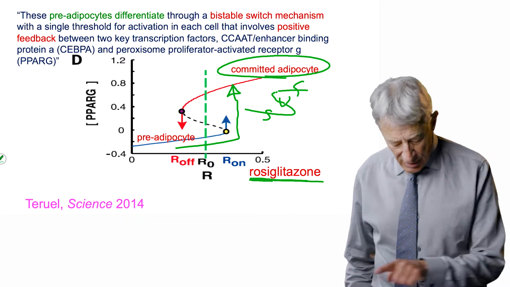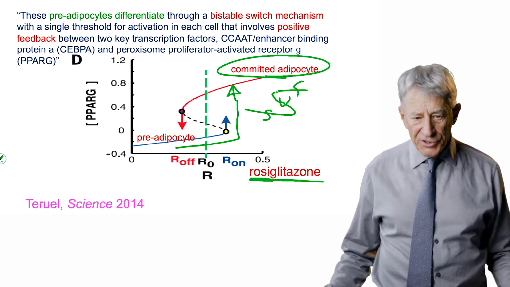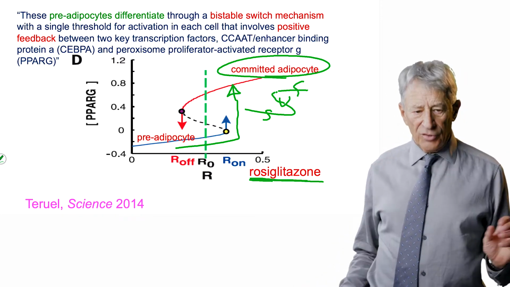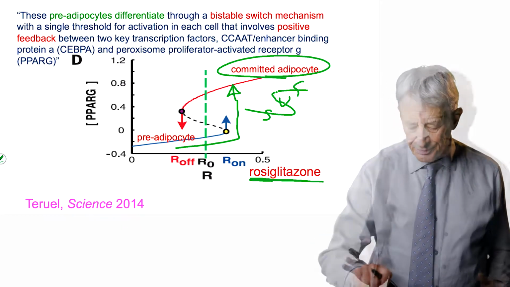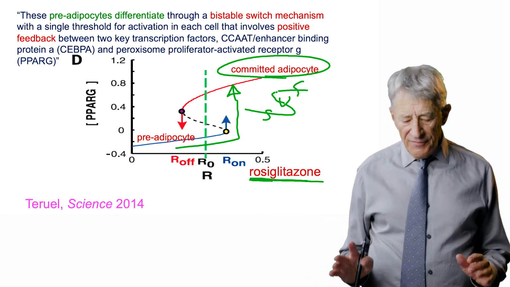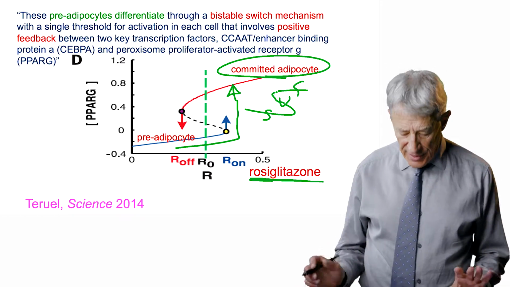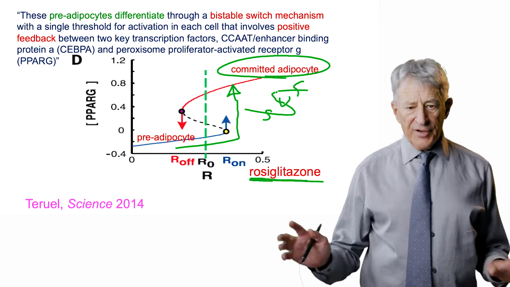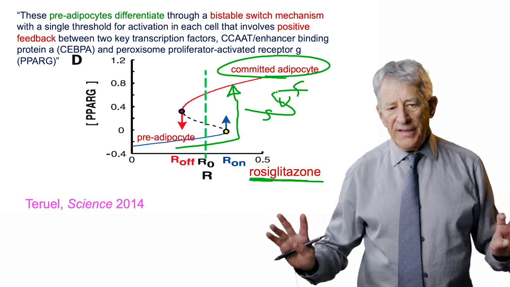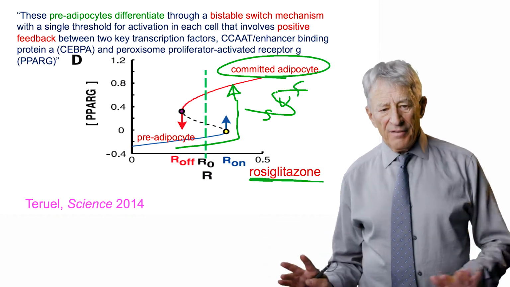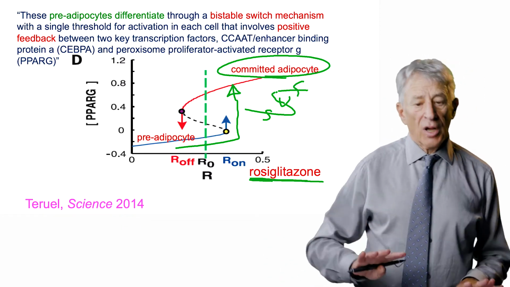And so this is a classic bistable switch, almost identical to the Lac-Operon. So the basic idea of her paper is exactly what we are saying. Here is a saddle node bifurcation producing a qualitative change, namely from pre-commitment to commitment.